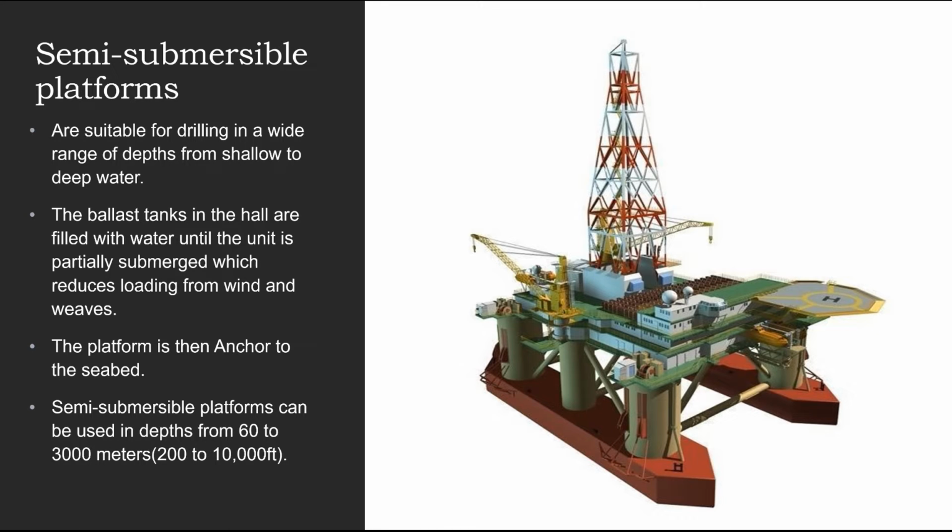It can move from one place to another whenever required, similar to the previous one. It works based on a dynamic positioning system to keep it at one particular location. Normally it is used in water depths of 60 to 3000 meters, or we can say 200 to 10,000 feet. Actually this is the range of the semi-submersible platforms.